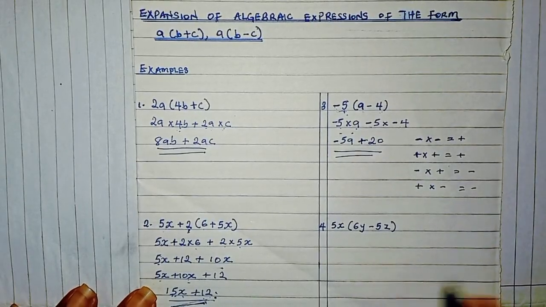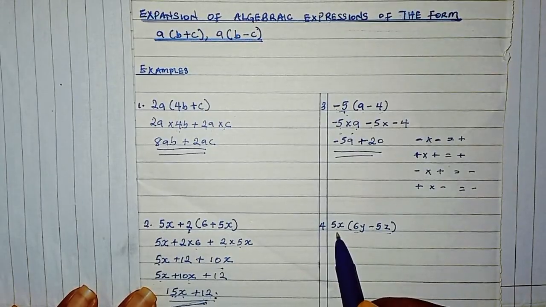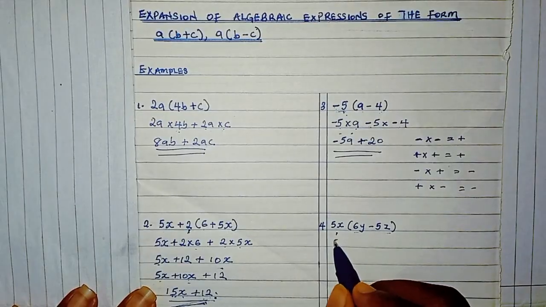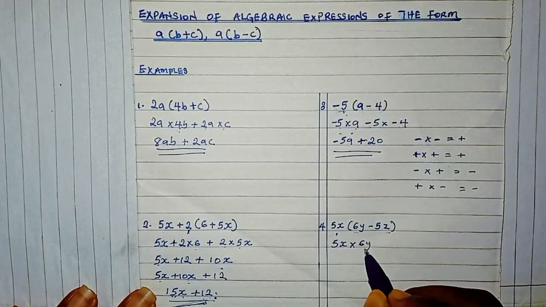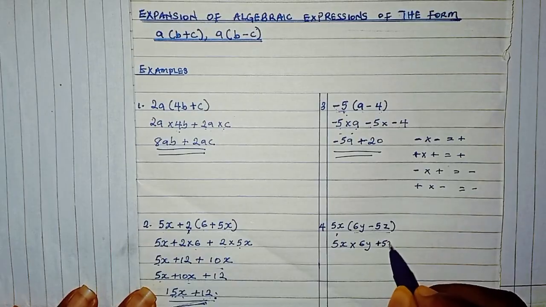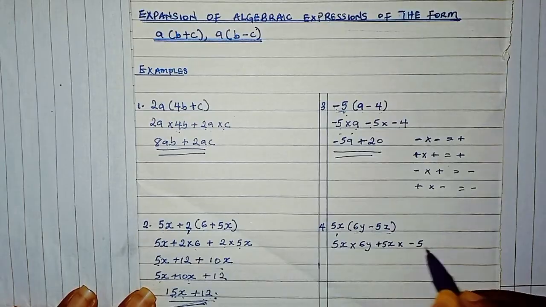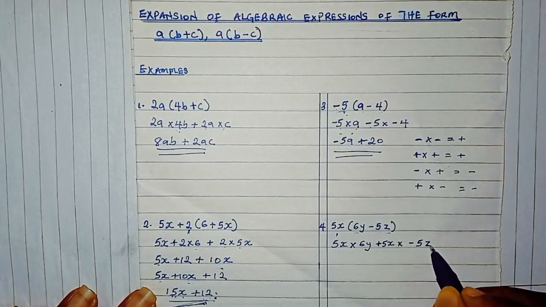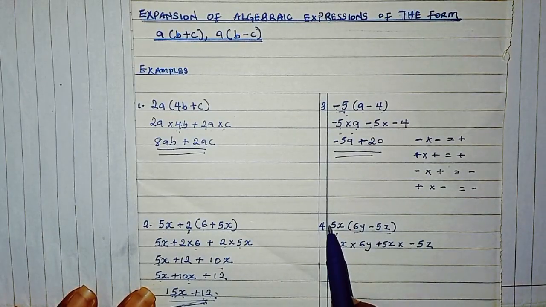Expanding this, we are going to multiply everything here using 5x. So let's go. 5x times 6y plus 5x times minus 5z. We know that this 5x is positive.